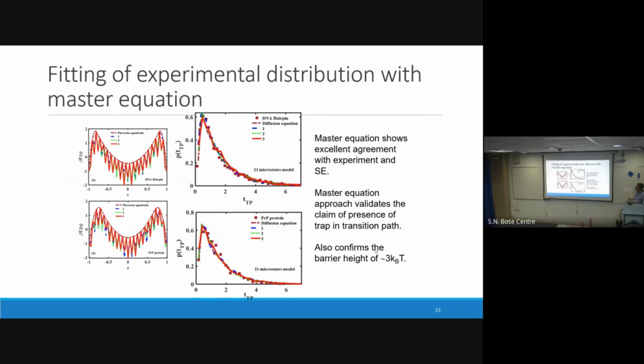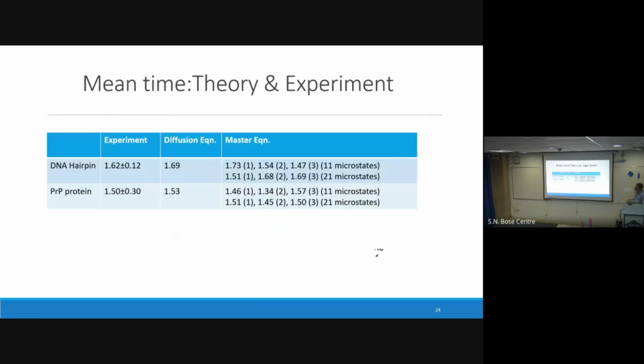From this one can conclude that the master equation shows good agreement between the experiment and the Smoluchowski equation, and the master equation models also validate the claim of the presence of a trap in the transition path, and confirm a barrier height of about 3 kBT, which is more realistic than the previous estimate of 1 kBT.